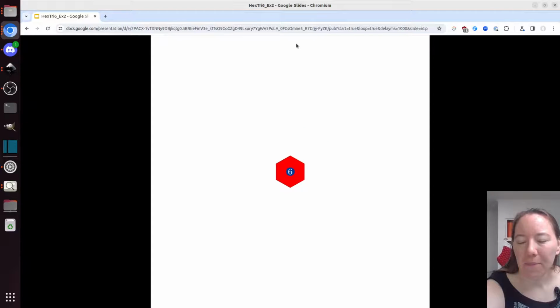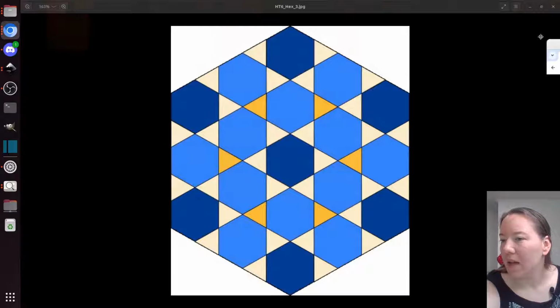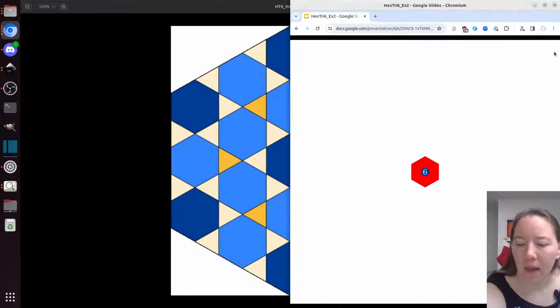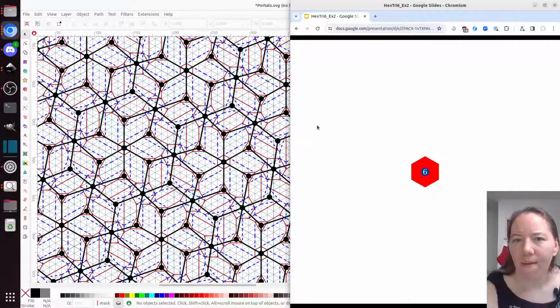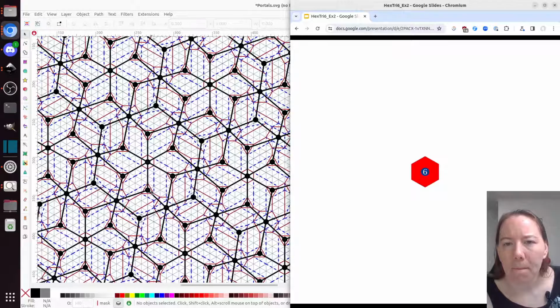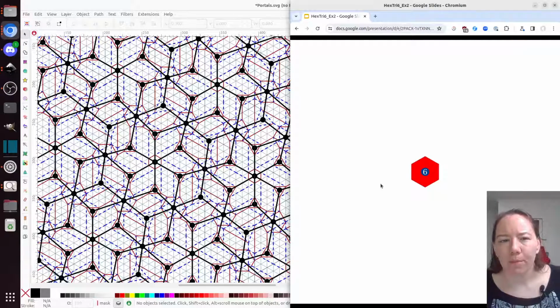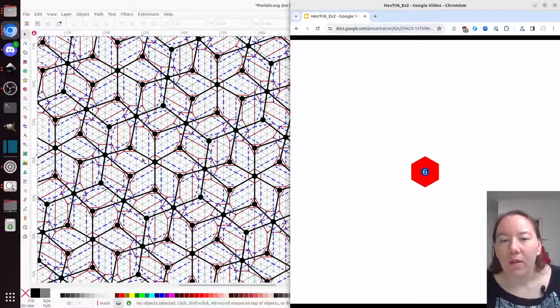For right now, I want to attach this to the side. There we go. So we can see the crease pattern also. And in this situation, that six-fold rotationally symmetric point is the closed hexagon.